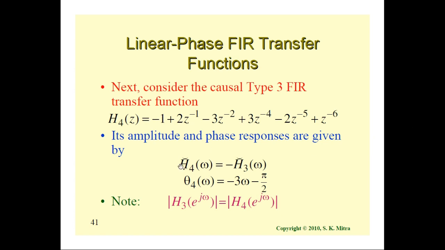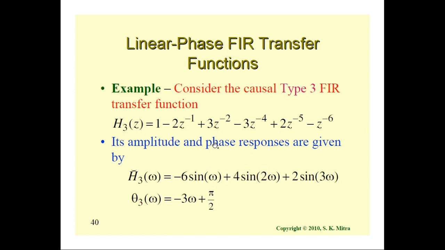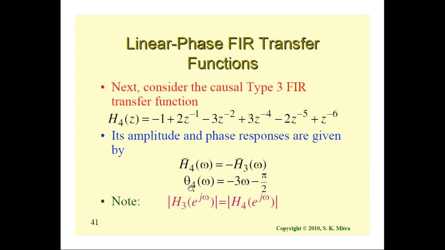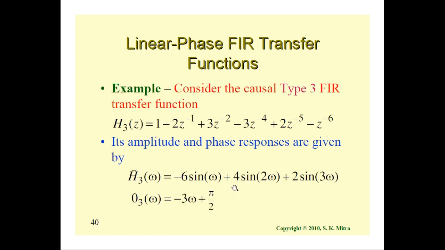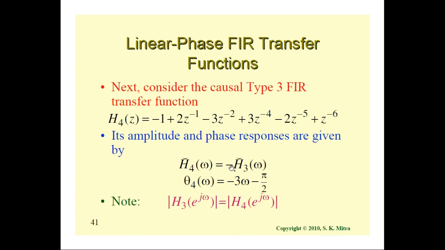However, this type 3 filter will have an amplitude response which is the negative of the amplitude response of H3, and it will have phase characteristics where, because it's a type 3 filter, the phase function already has pi by 2, and because of the presence of this negative sign there will be a factor of minus pi, so plus pi by 2 minus pi makes it minus pi by 2.